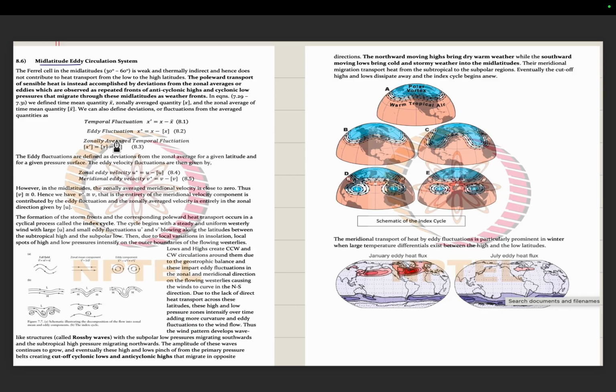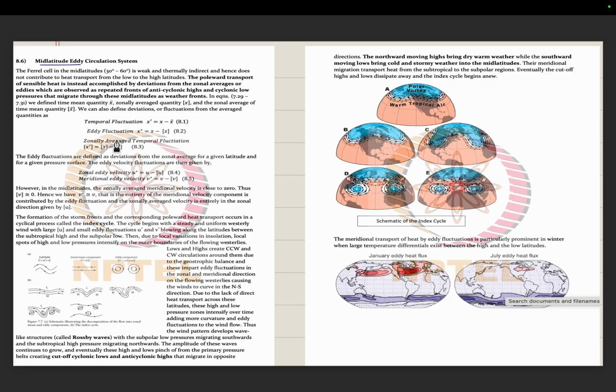That is, here the cold air rises up and the hot air dips down, and hence it does not contribute to the heat transport from the low to high latitudes.